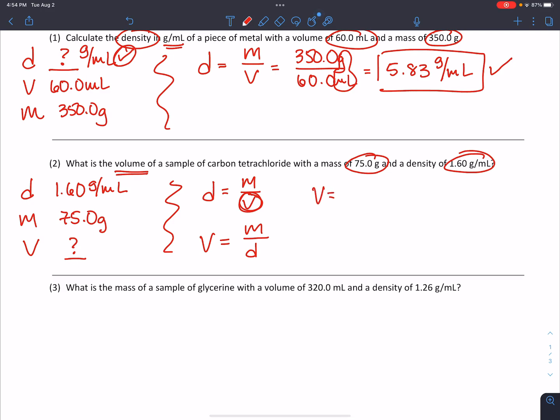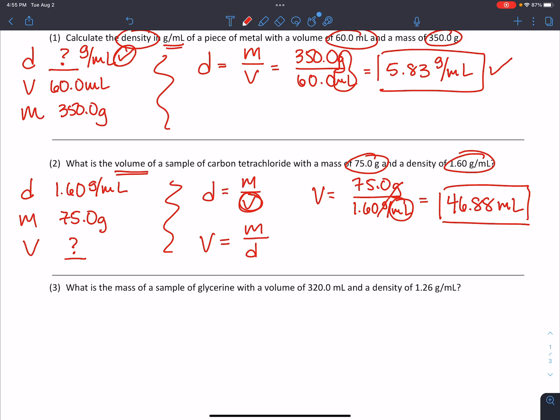So the volume is going to be equal to our mass of 75 grams divided by our density of 1.60 grams per milliliter. And once we do our math, we find that the volume of this particular sample is 46.88. Now the grams are going to cancel as part of this calculation, which is going to leave us with units of milliliters. And again, because the problem didn't specify a unit, that is A-OK.